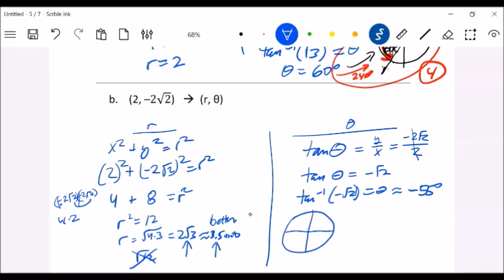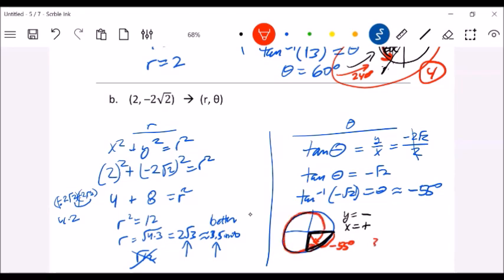So we know, because of the cosine and sine, y is negative and x is positive. The place where that's true is in this fourth quadrant down here. So that means we do negative 55 degrees here, but we want all the way around.